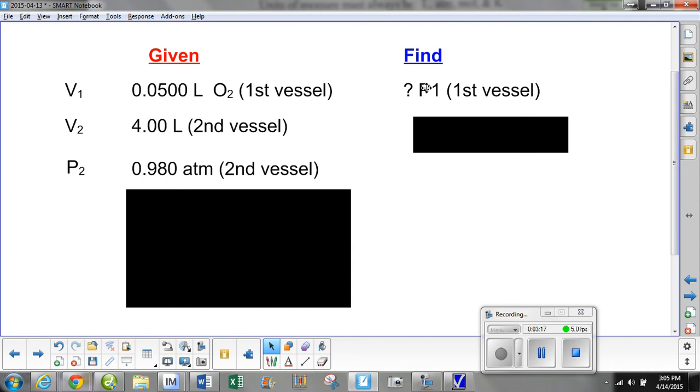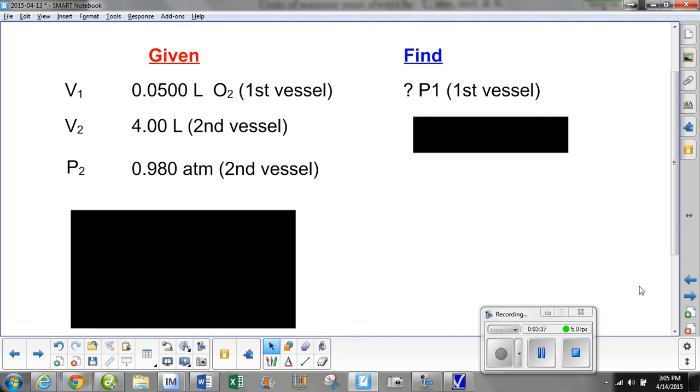Now, they didn't tell us what unit of measure to use. So when I run this through Boyle's Law and I get an answer, what is the unit of measure going to be for P1? ATM, atmospheres. Yes, absolutely. That's all there is to these problems.